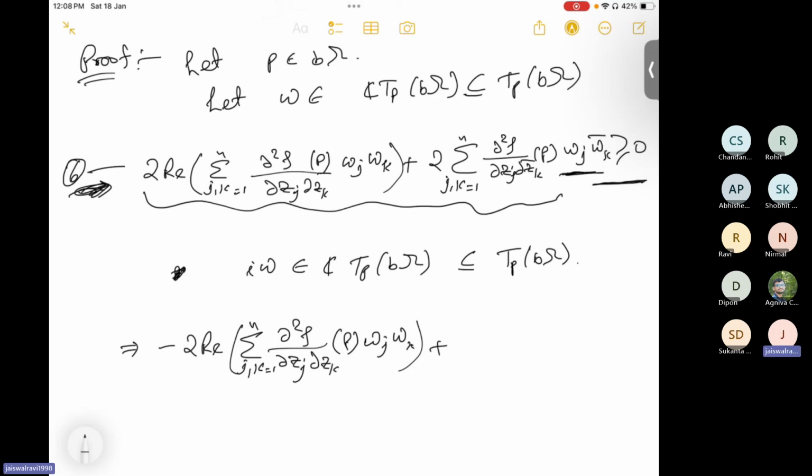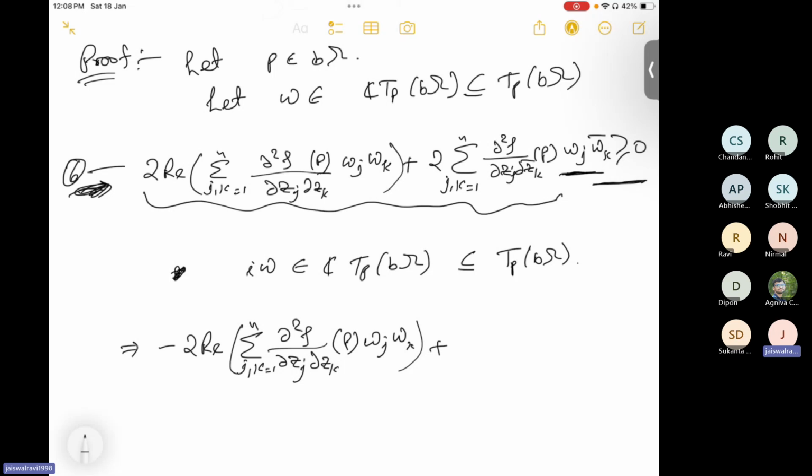This is exactly the same thing if we replace w with iota w: the sum of del square rho over del zj del zk bar at P, wj wk bar, is greater than or equal to 0. Say this is 7.